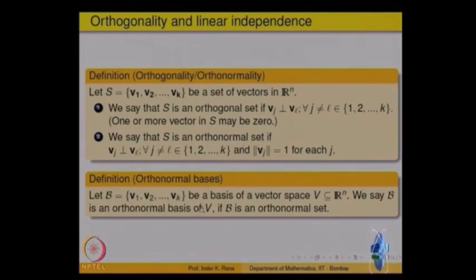So, the definition of an orthonormal basis: a basis V1, V2, ..., Vk of a vector space V in Rn is called an orthonormal basis if this forms an orthonormal set. That means it is a basis, every vector is a linear combination, plus the added property that the length of each vector is 1 and any two distinct ones are perpendicular.